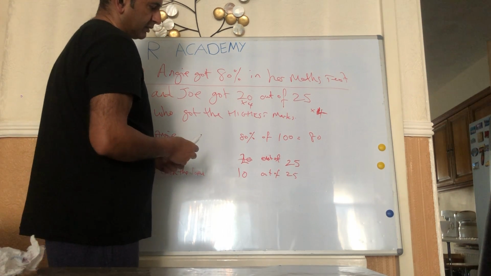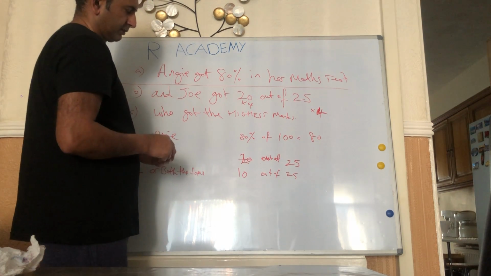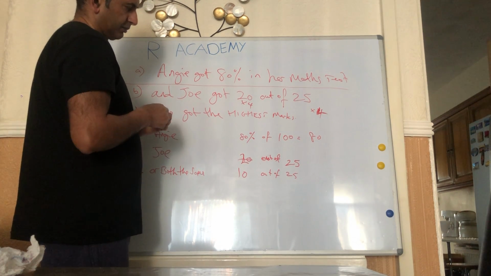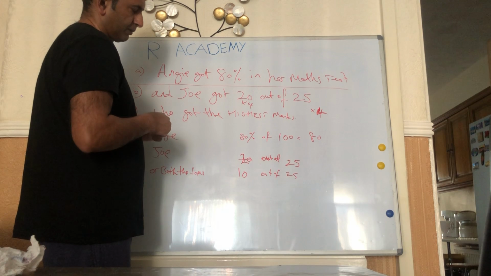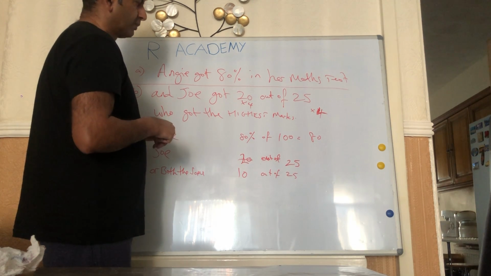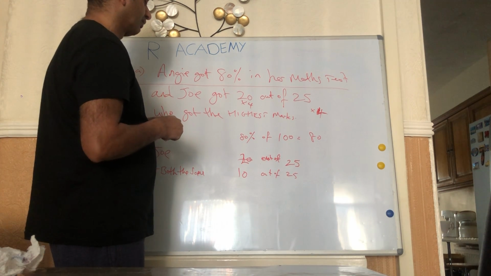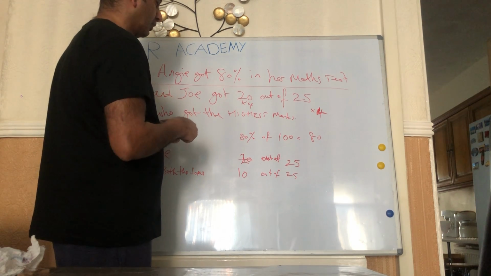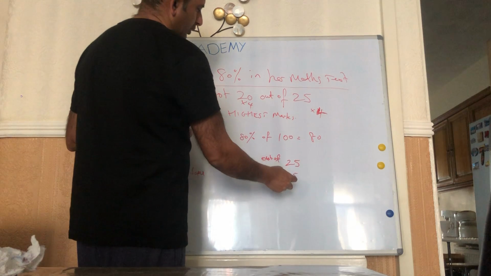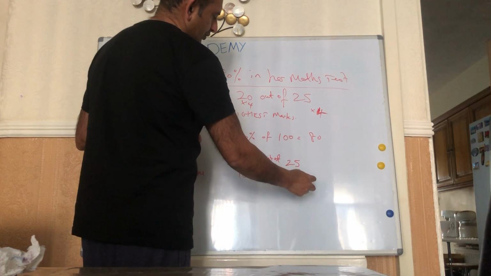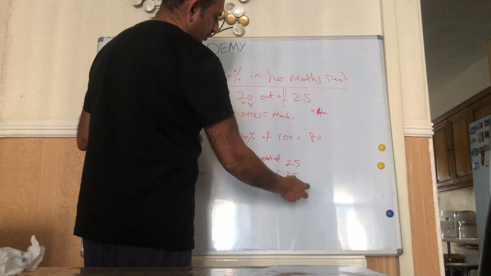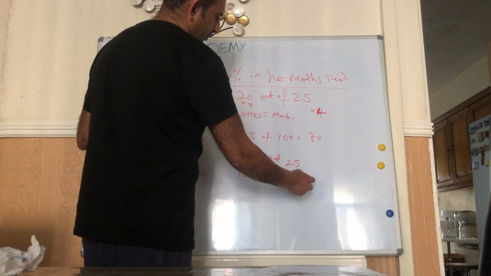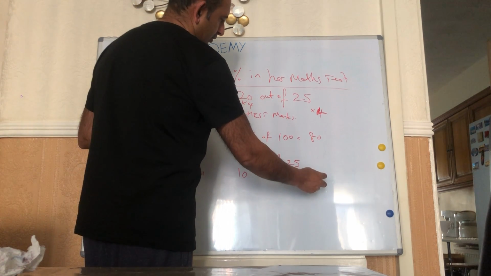And then times it by 10. No? Times it by 8. So we'd have to times that one by 4 first to get it to 100.